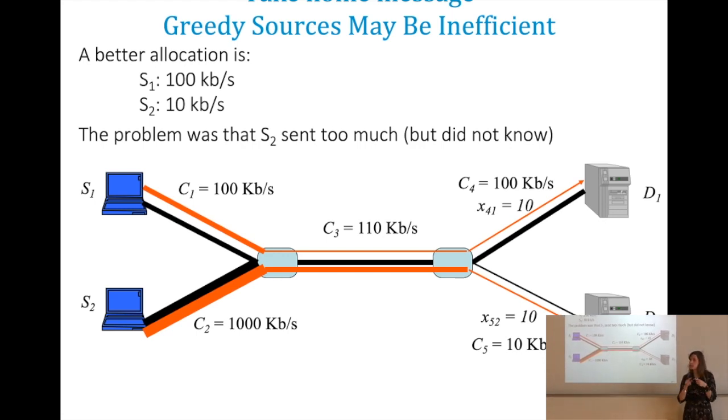But what they do is that they increase the rate at which they are sending. They go slowly. They increase linearly, and each time they have a positive feedback, a positive acknowledgement, they will continue increasing linearly their bitrate. But as soon as they have a negative feedback, so a packet loss or something like this, they will reduce this bitrate by half.